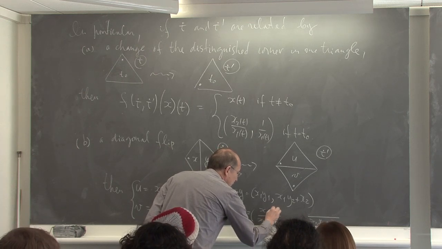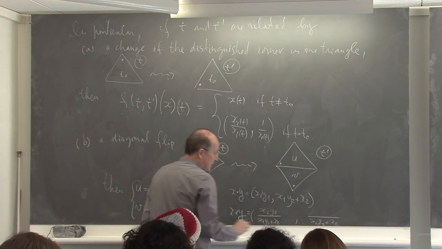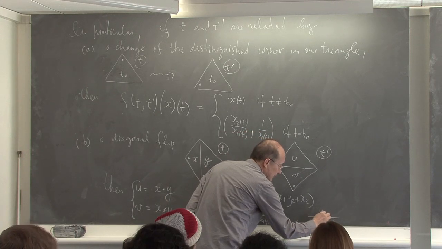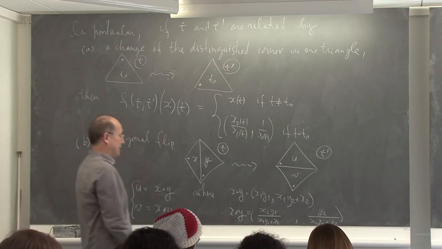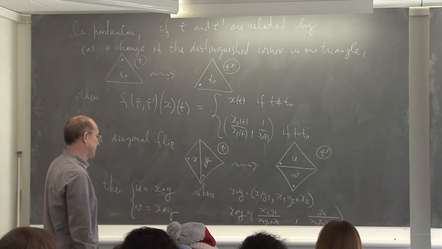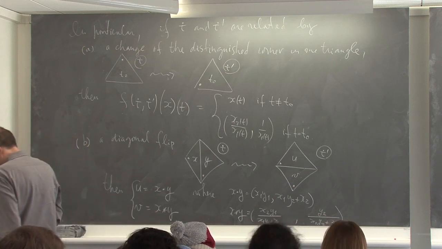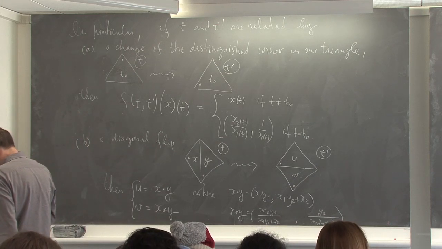So x2, y1. And here we just put a y2 in the numerator. So yeah, that's it. So that's a transformation.